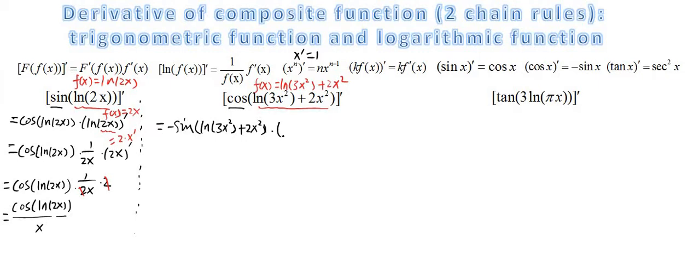So we have ln 3x squared plus 2x squared, and for the derivative of these two functions, the derivative of the sum can be the derivative of each function.